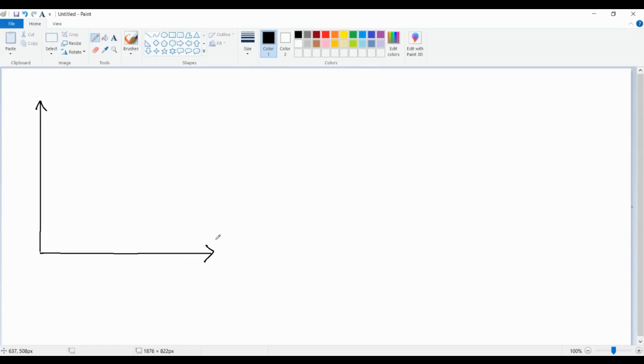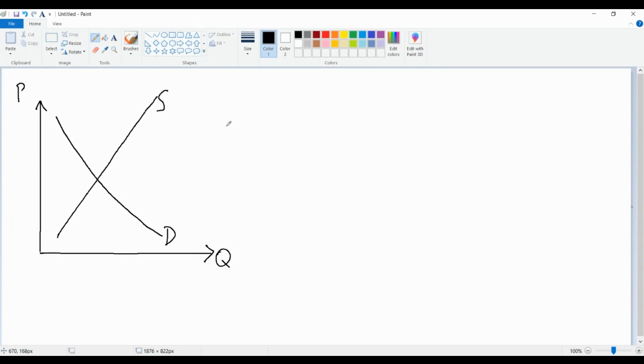Here, let's draw these two axes. Here we put the quantity of mangoes, or whatever it is that's in your market. And here we put the price of those things. And now I can tell you as a microeconomist that almost surely the demand for mangoes decreases in the price, and the supply of mangoes increases in the price.